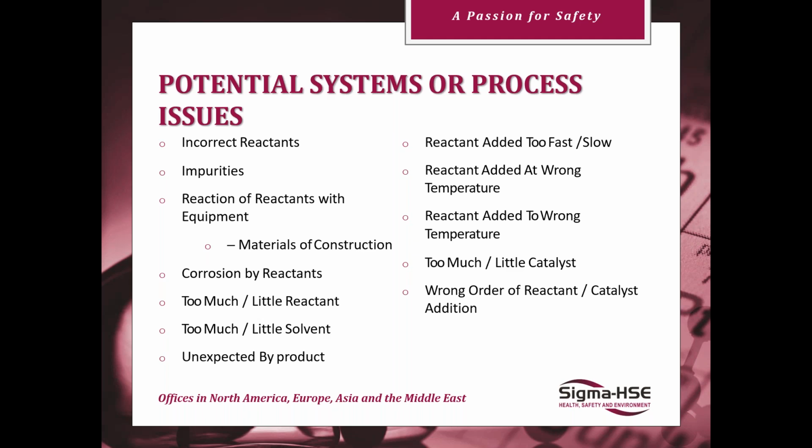This is why we should be doing CRH, so we don't have any unexpected byproducts. Reactants added too quickly, too slowly, at the wrong temperature, and then catalysts come into it as well, too much, too little. When you're talking about a really minority constituent like a catalyst, it's going to be easy to add too much or too little.